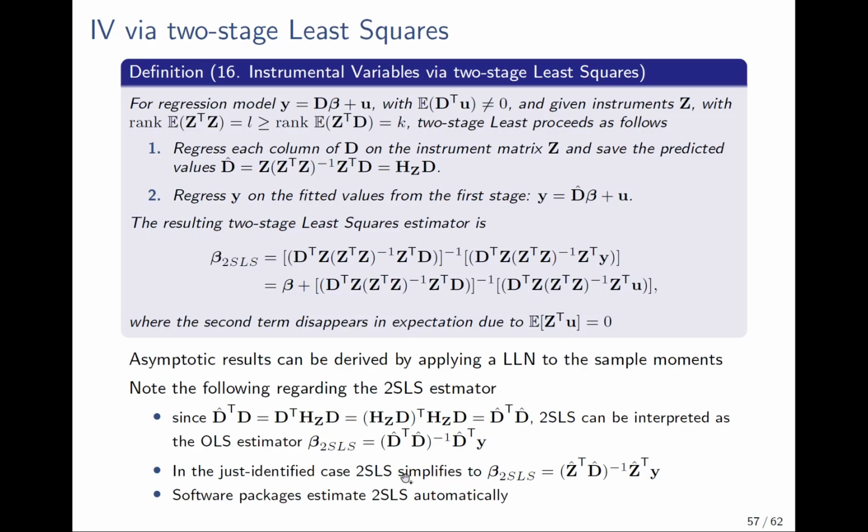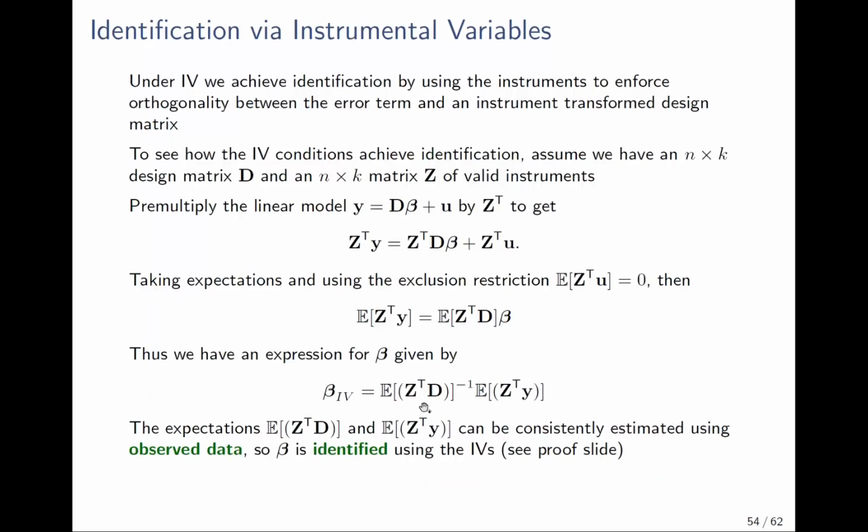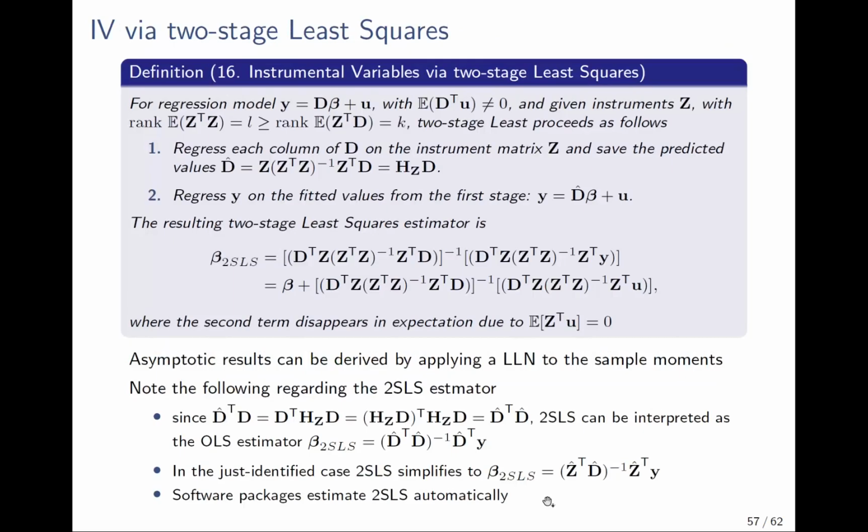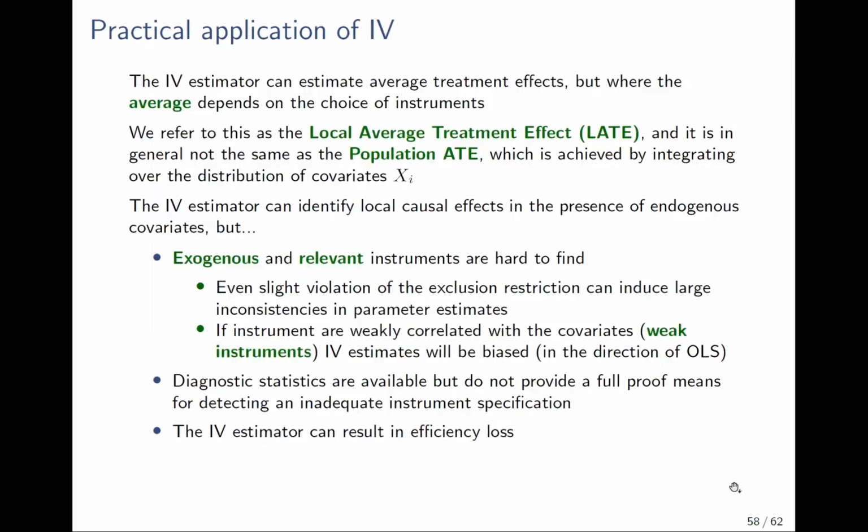In the just identified case, this expression simplifies to the one that we saw right at the start of the lecture, this one here. And the final point to make is that when you're estimating IV yourself, you don't have to do both stages because most regression packages will do this process automatically. So that's instrumental variables.